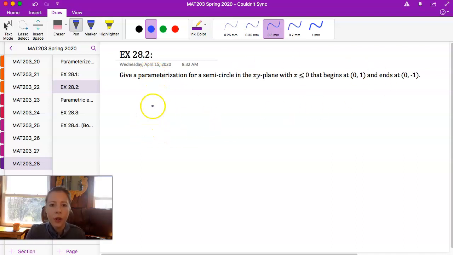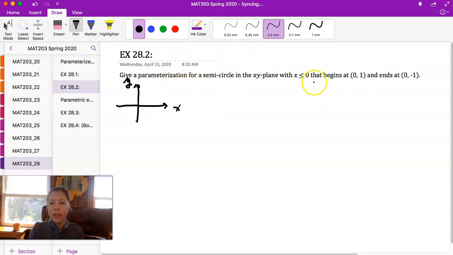So we are in the xy plane. I'm going to sketch out the situation first. We're beginning at (0, 1), and we're ending at (0, -1).